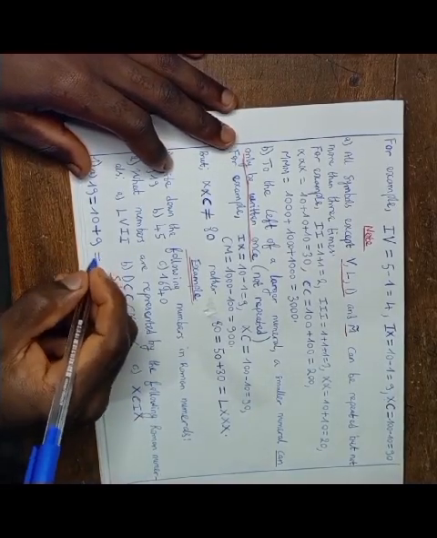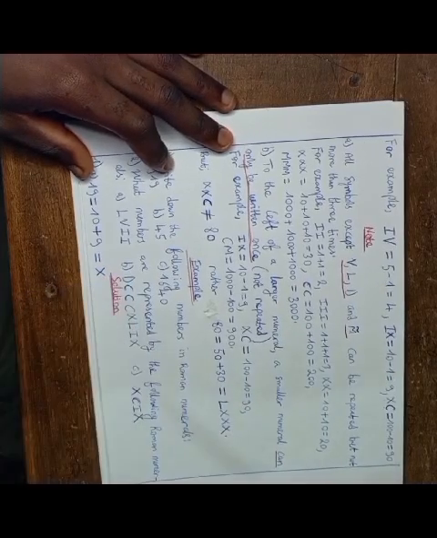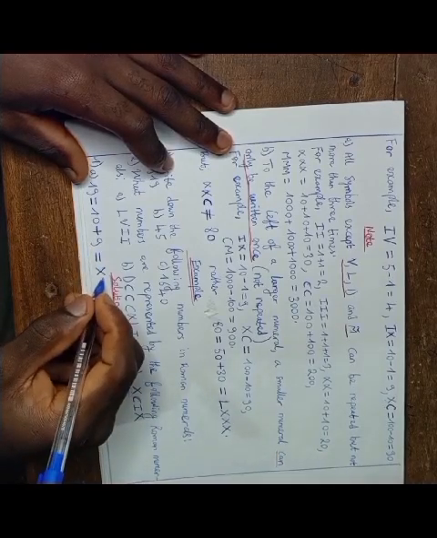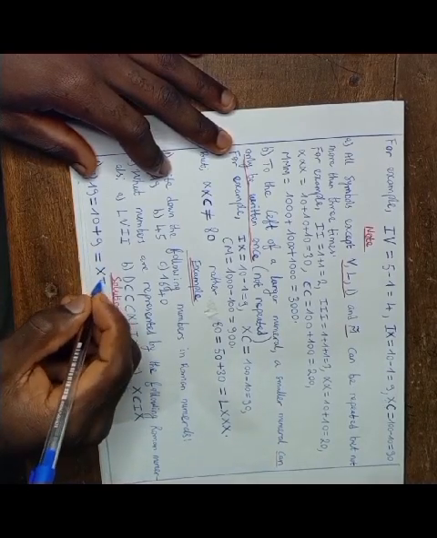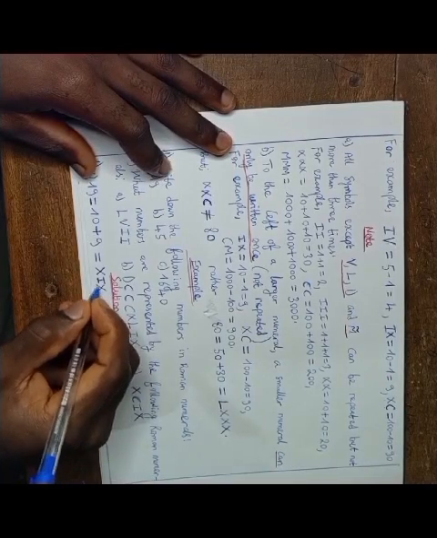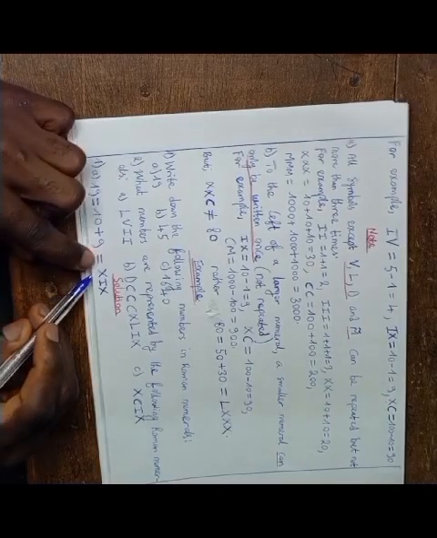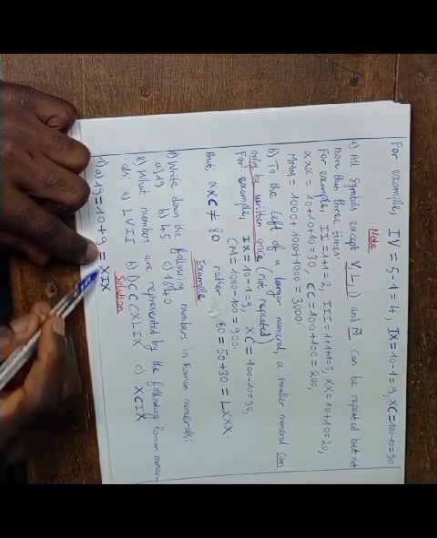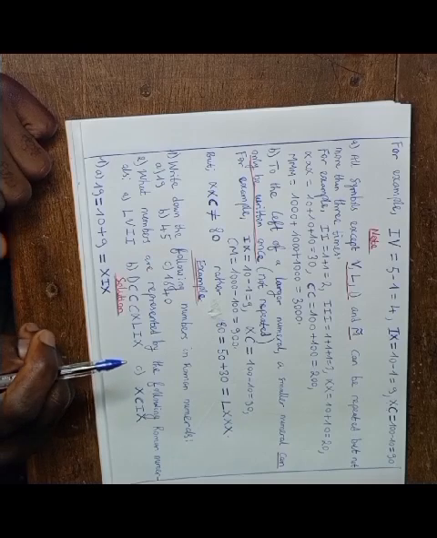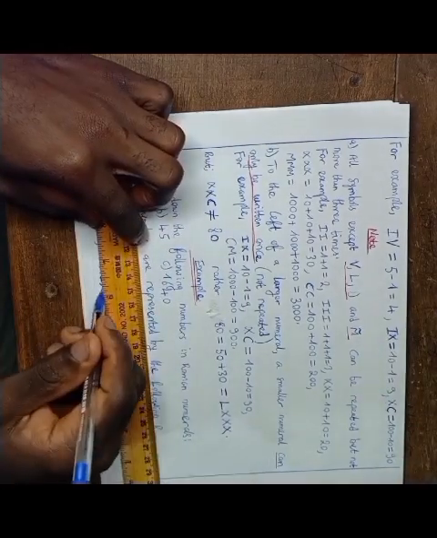The Romans represented the number 10 by using an X. They represented the number 9 by using an I to the left of an X. So reading this gives us the number 19 in Roman numerals. Let's underline our answer.